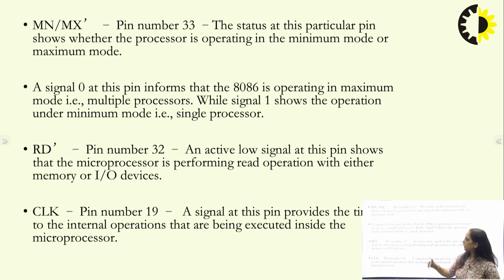Then we have minimum / maximum mode, which is connected at pin number 33. The status at this particular pin will decide in which hardware mode your 8086 will be working.